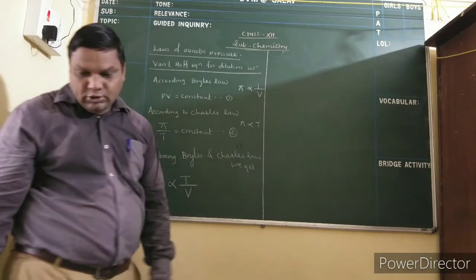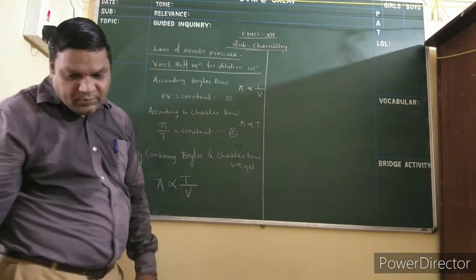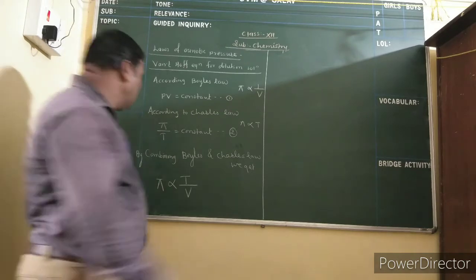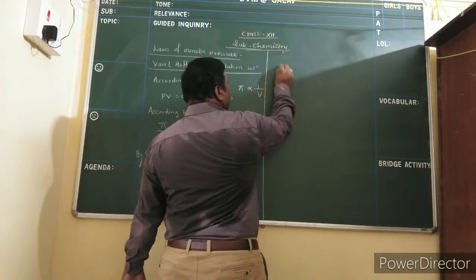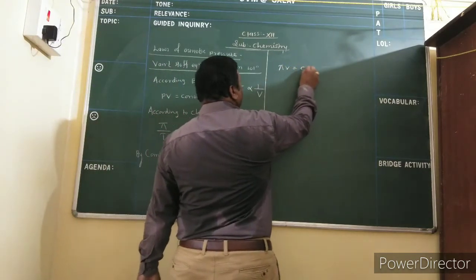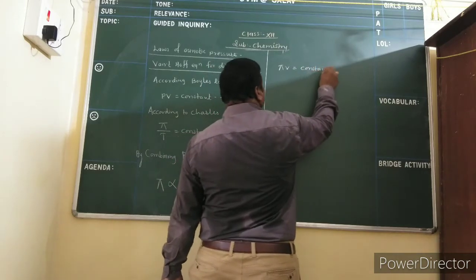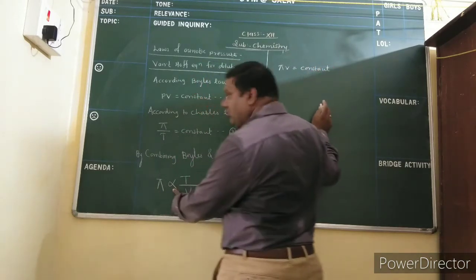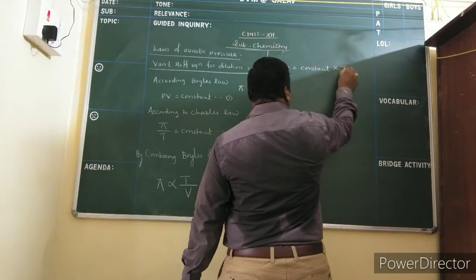So by using these two equations, you get pi directly proportional to temperature and inversely proportional to volume. That is, pi V is equal to a proportionality constant into temperature.